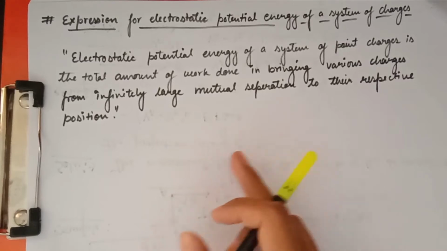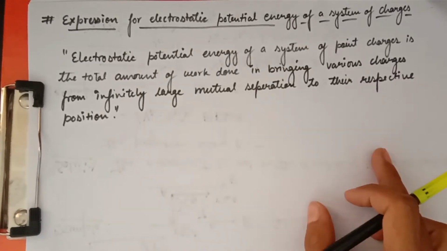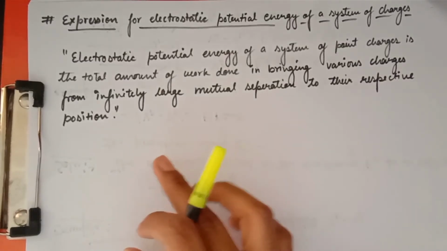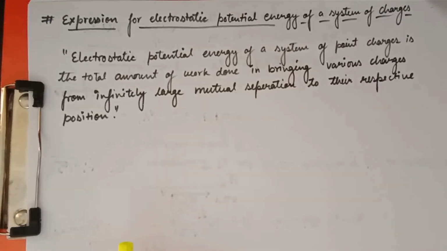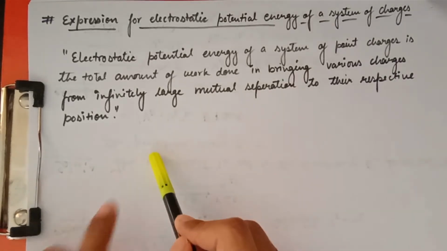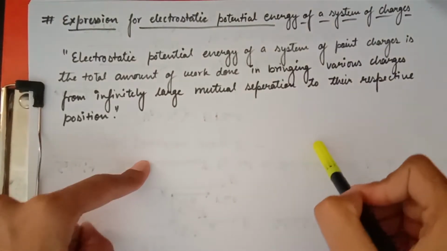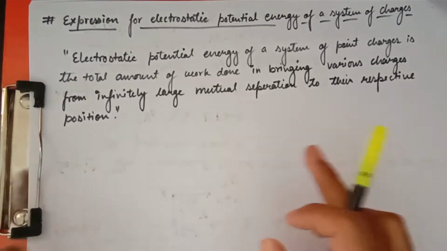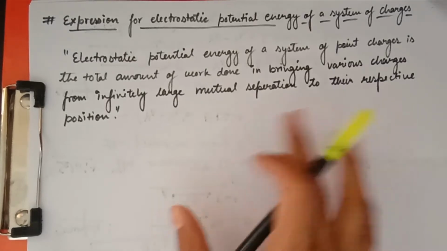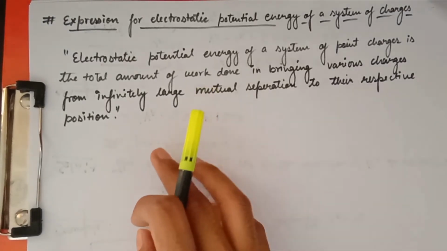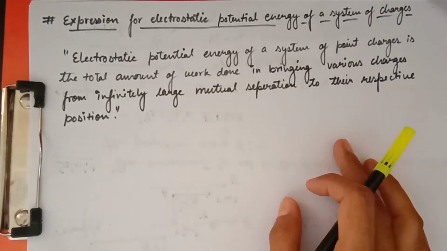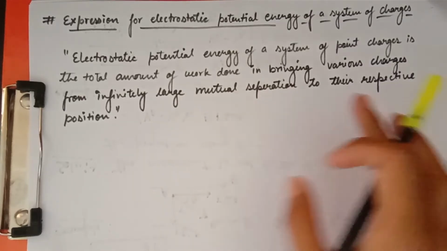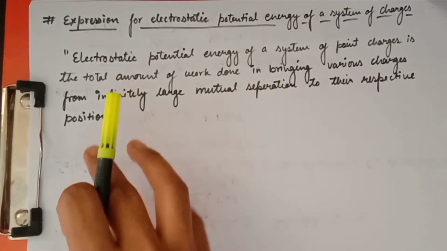Because why 0? Because no work is done in moving the charge at infinite distance where the electric field is 0. You can see, if there are two charges separated by an infinite distance, then the field of one will not affect the other, and field of other will not affect the charge number 1.